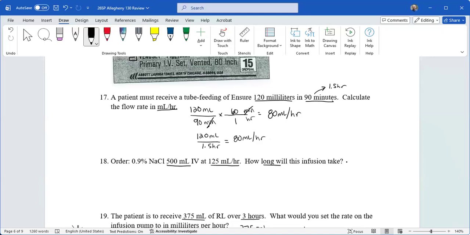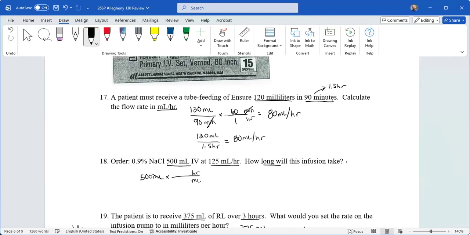The way that I typically start this question is I treat the 500 milliliter IV as my order and the 125 milliliters per hour as my available. Then I take my order and I just convert milliliters to hours.